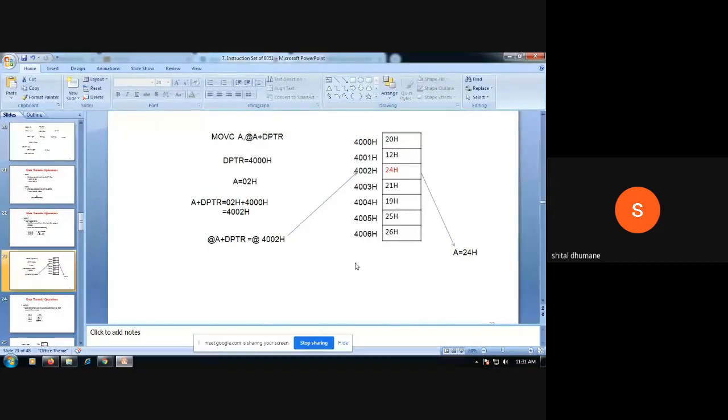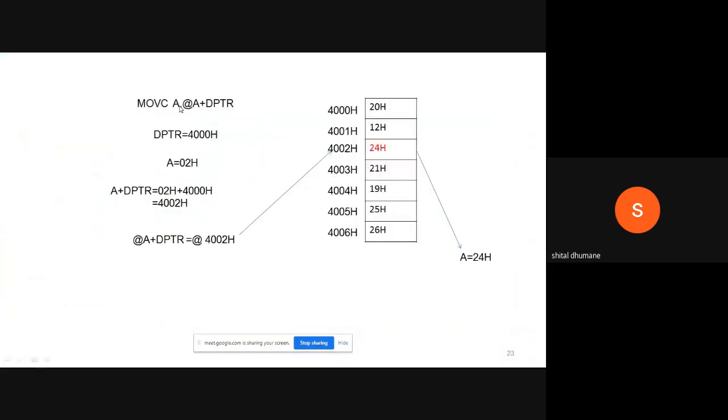See this. This is your instruction MOVC A, @A+DPTR. For example, I have taken DPTR equal to 4000H. Here 4000 indicates the 16-bit address of your memory location, because DPTR always contains 16-bit data only.